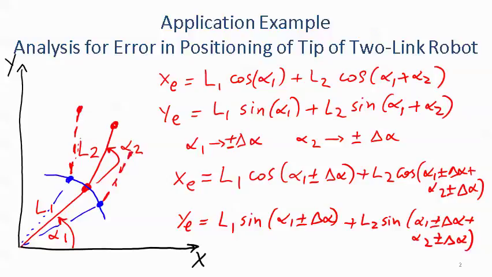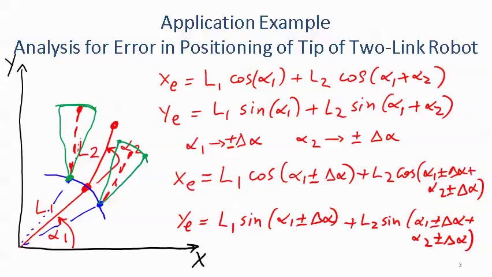And now this link, when it's positioned, let's say over here, has an error in positioning the rotation due to alpha 2 of this much. So now this end is going to be anywhere on an arc that goes from this point and has a length of L2, and then it could be anywhere on this arc here.